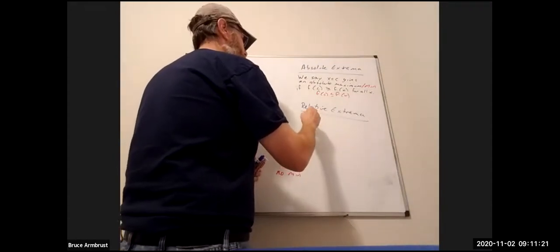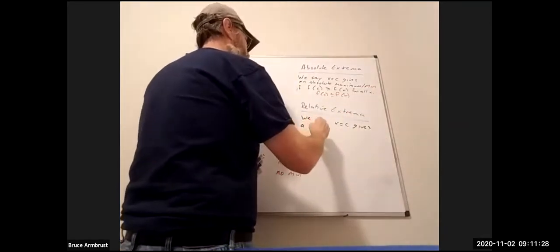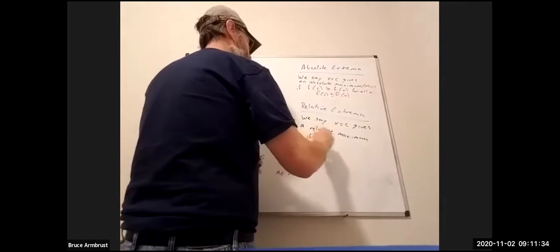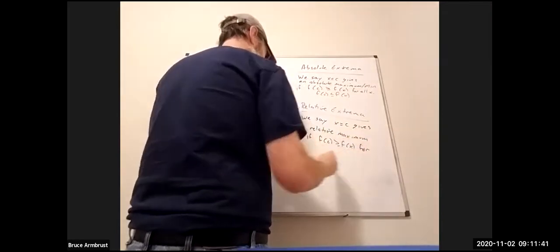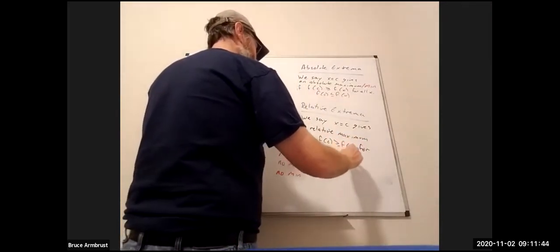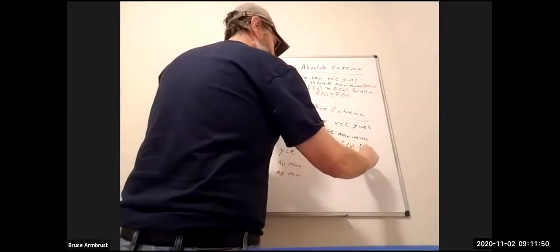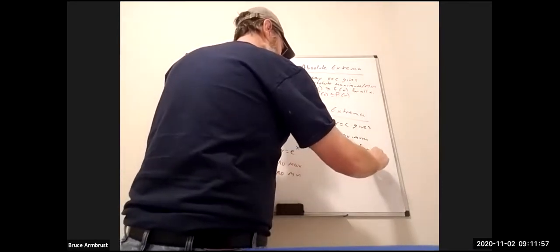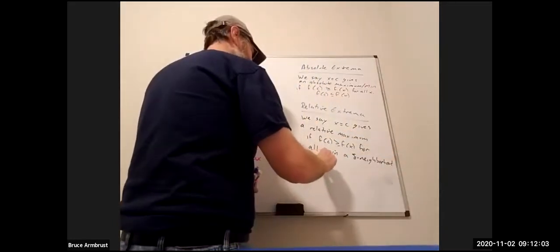Relative, slightly different. So we say x equals c gives a relative maximum if f of c is greater than or equal to f of x for all x in a, and I apologize for this real quick, but I'm going to get mathy on you, in a delta neighborhood around c.